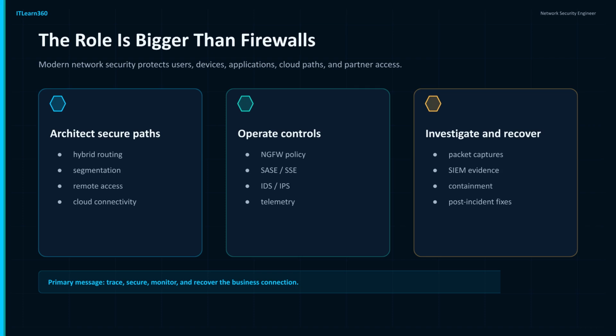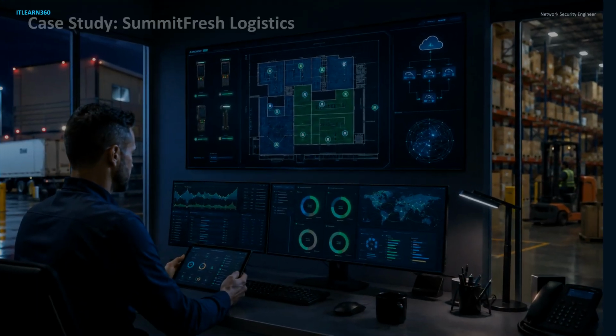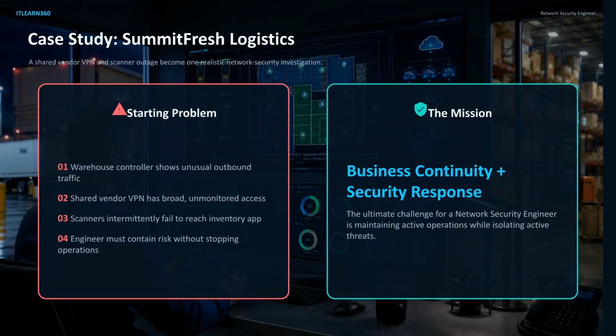With that responsibility in mind, we can now look at the Summit Fresh case that will connect the rest of the roadmap. Summit Fresh Logistics gives us a realistic problem because security and availability are happening at the same time. A refrigeration controller is generating unusual outbound traffic. A shared vendor VPN account can reach too much of the warehouse network.